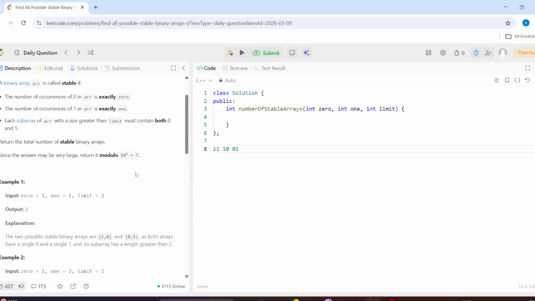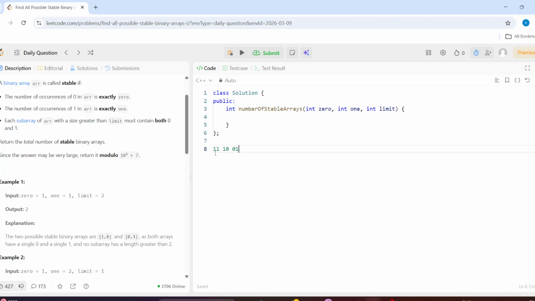The condition for a stable array is: if the size of the subarray is greater than limit, then in that subarray 0 could not appear continuously more than limit times, and also 1 cannot occur continuously more than limit times.